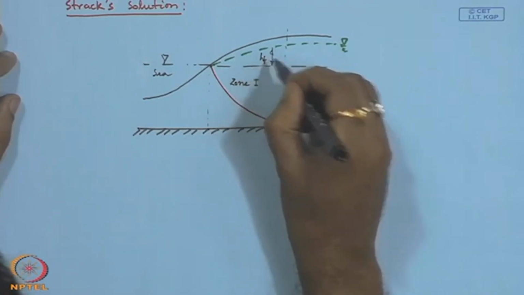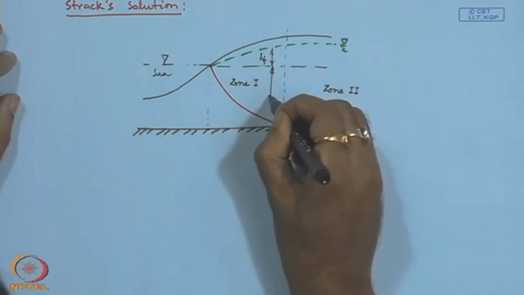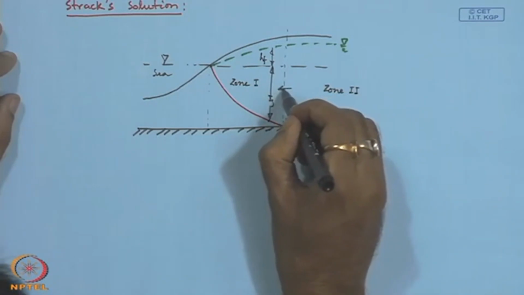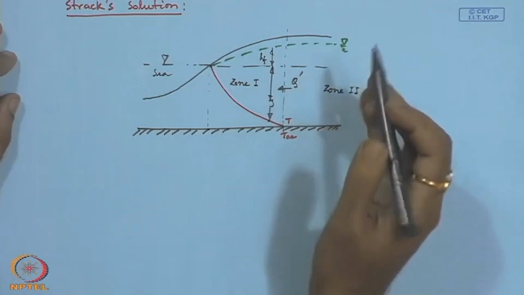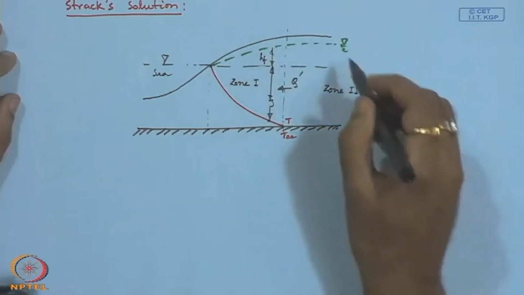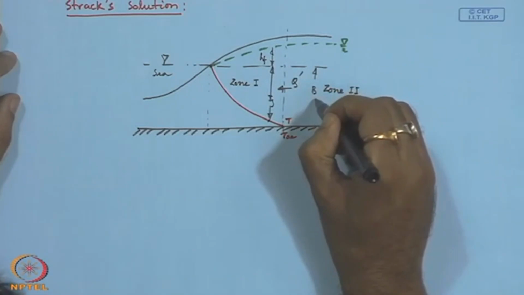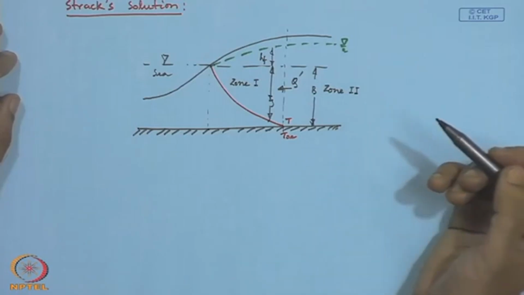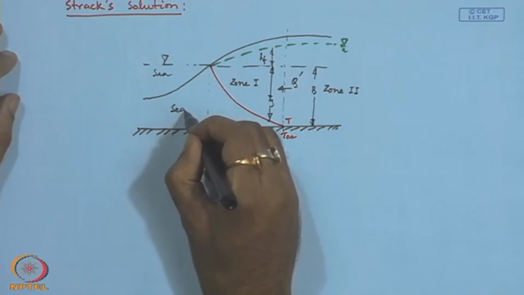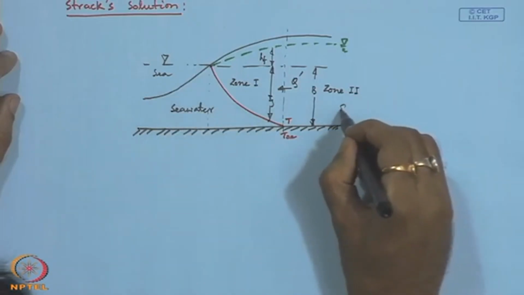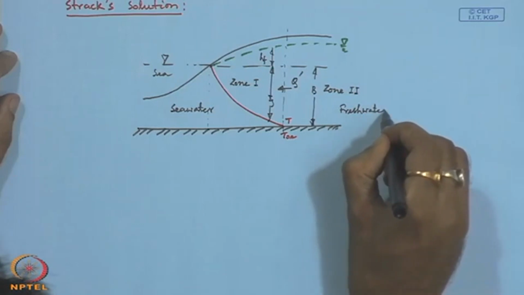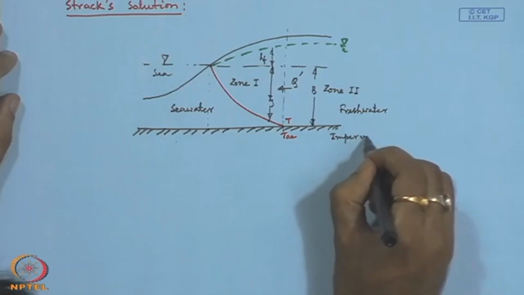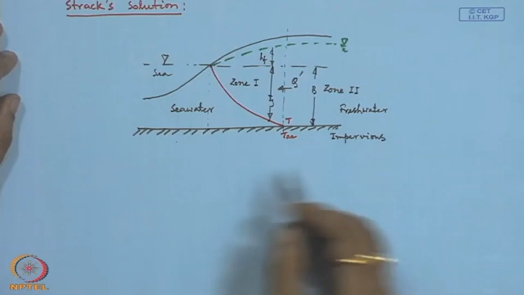This is our HF, this is xi, and q prime is entering from zone 1 to zone 2, and the thickness of this phreatic aquifer below sea level or ocean level is B. This is our seawater position, this is our freshwater location, and this is the impervious bottom.